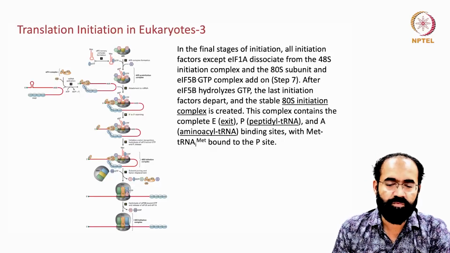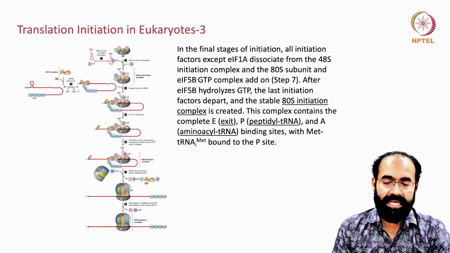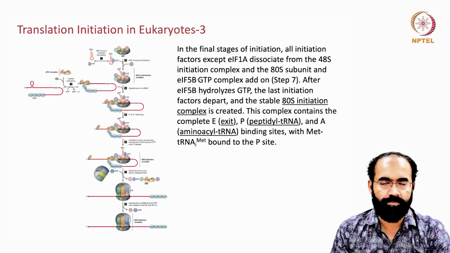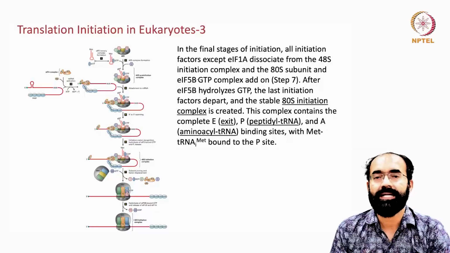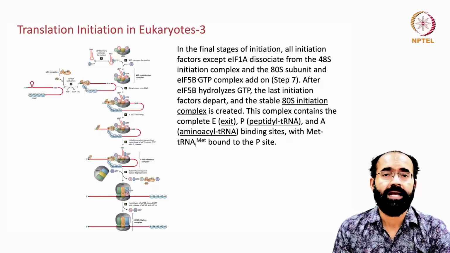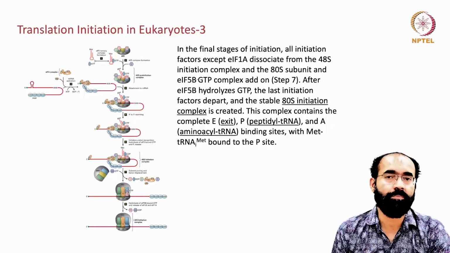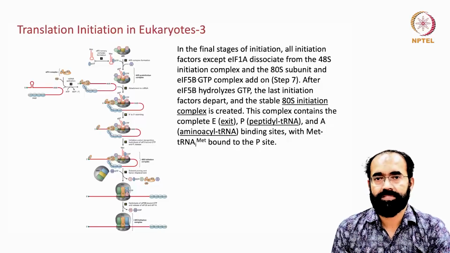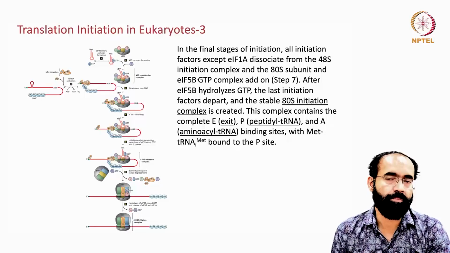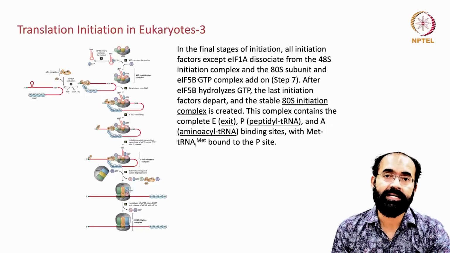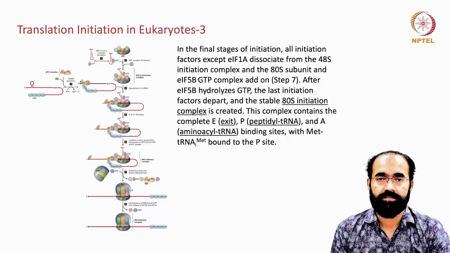In the final stages of initiation, all initiation factors except eIF1A dissociate. This means the peptide bond formation will continue, because at the A site the tRNA enters and at the P site the peptide bond is being formed. So next, when a tRNA comes with, say, alanine, the first one was methionine, which occupied the P site, and the next one is alanine, and that tRNA will enter through the A site.